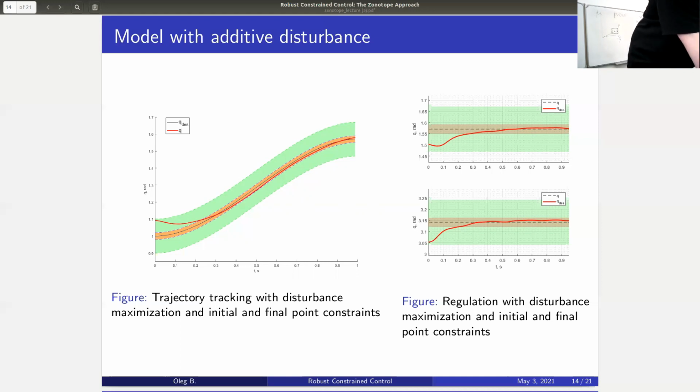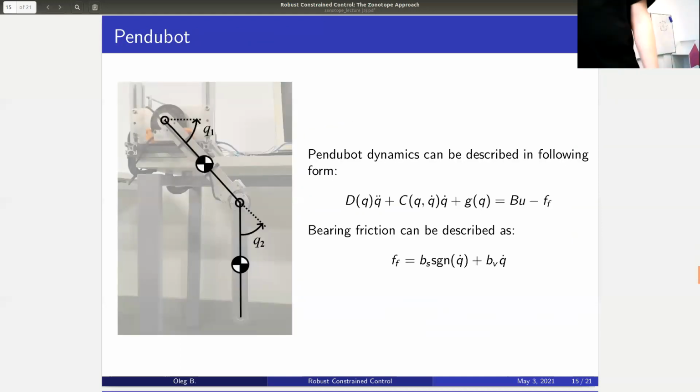After that we tested it on the Pendubot. Do you know this system? Pendubot is a planar two-link manipulator with an actuator only at the first joint, and the second joint is passive.